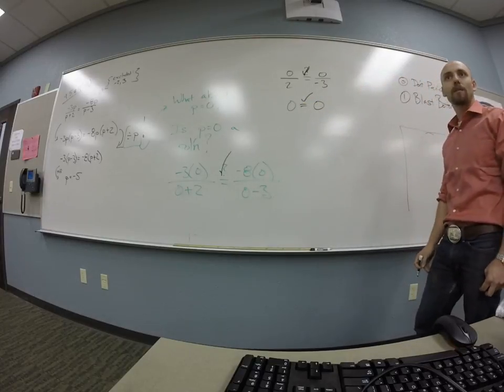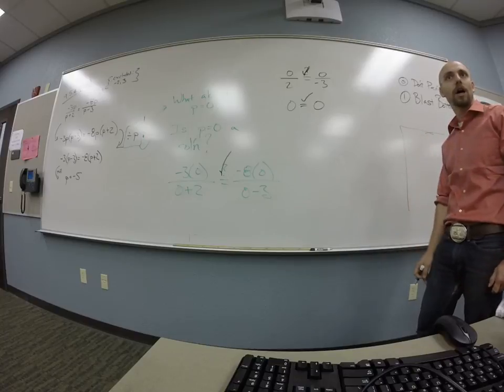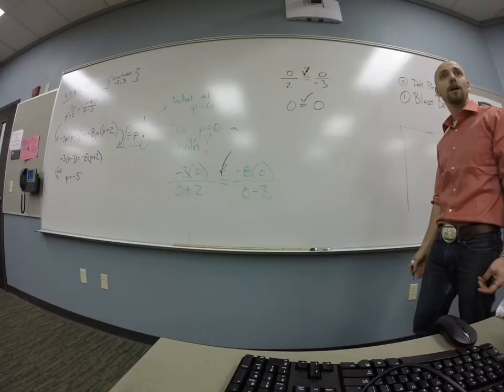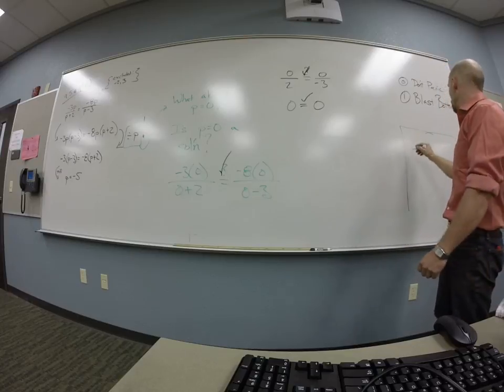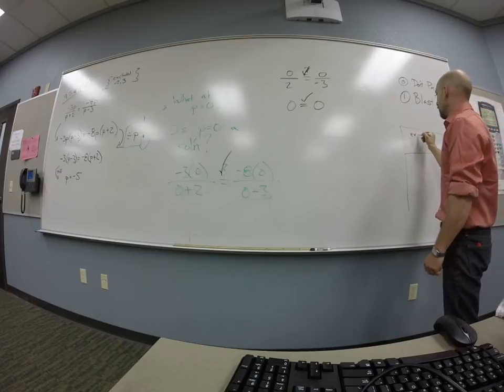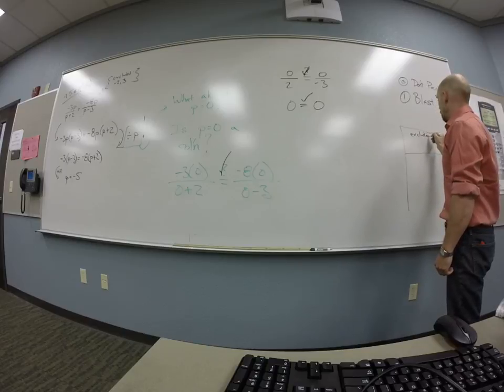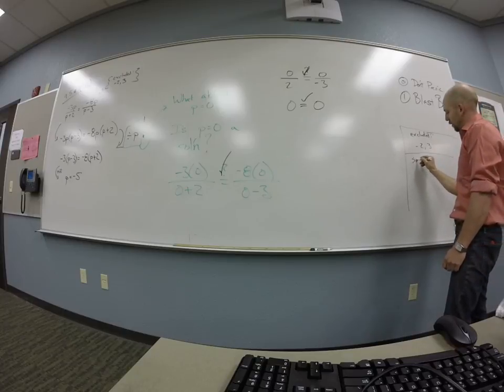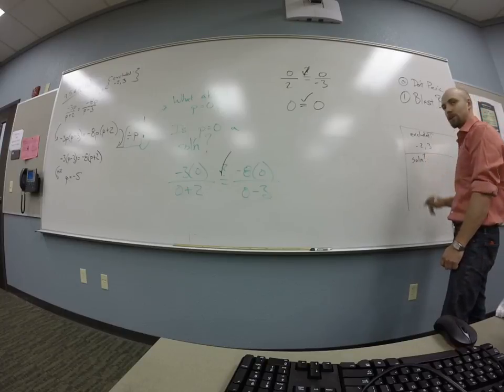Like you've got a box, just draw it off to the side. In there, you're going to put the solutions that you get. You might write even the excluded values at the top. So you might say excluded are -2 and 3, right? And then you might write solutions, question mark.